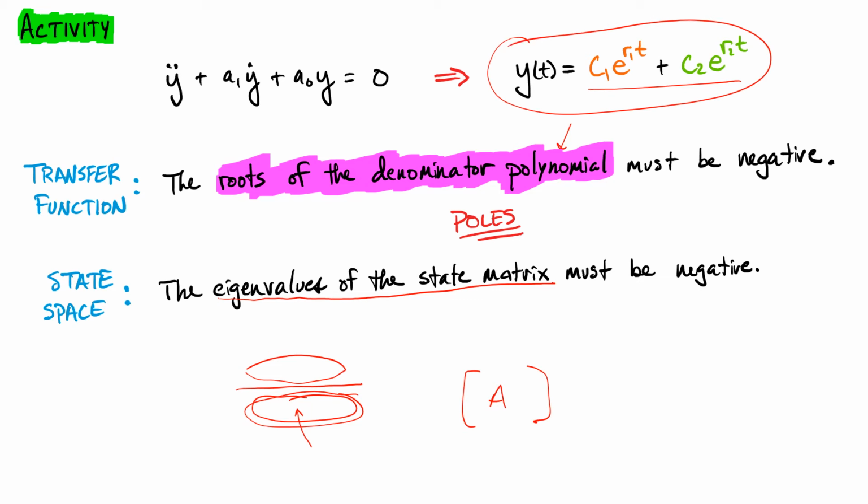At this point, we can start to introduce some terminology. We're going to call these values that characterize the dynamics and the form of the solution the poles of that system. Effectively, poles refers to the roots of this denominator polynomial.